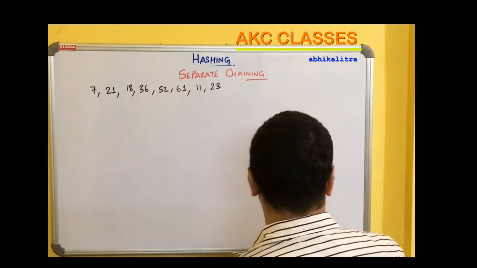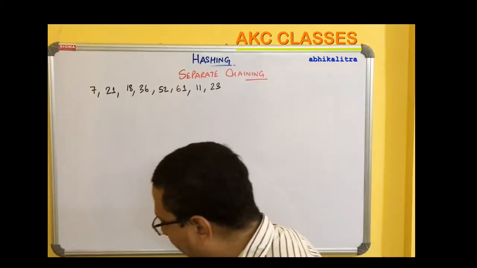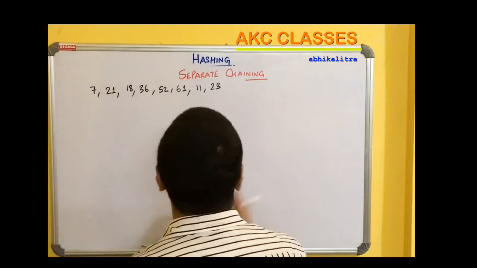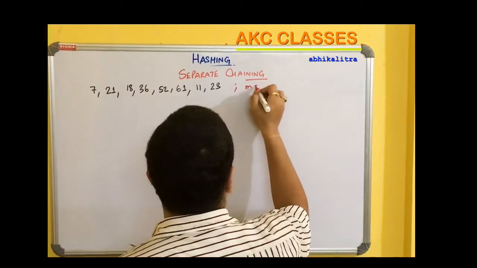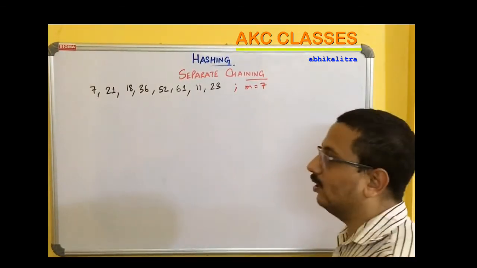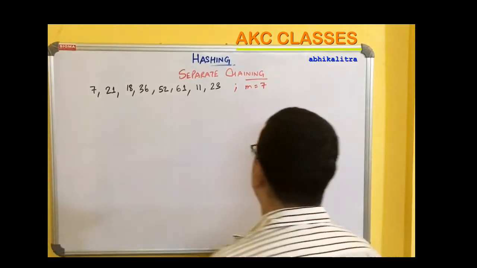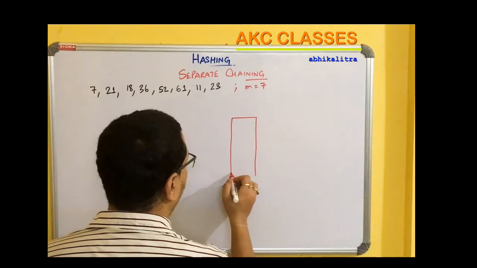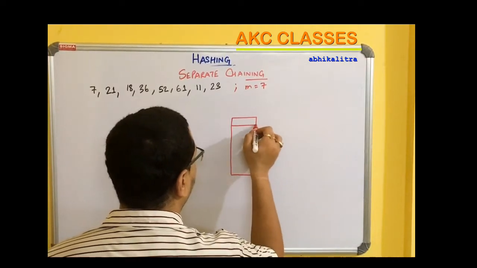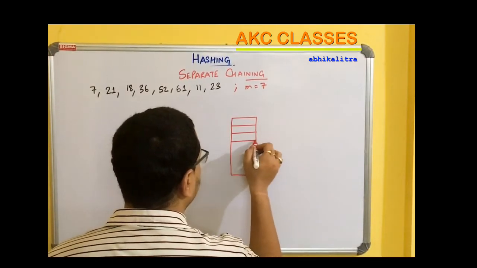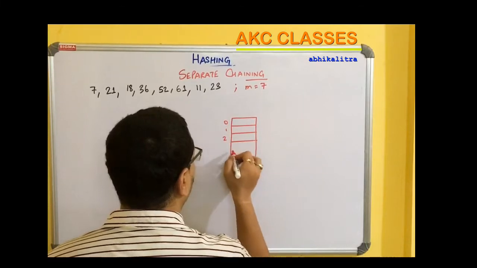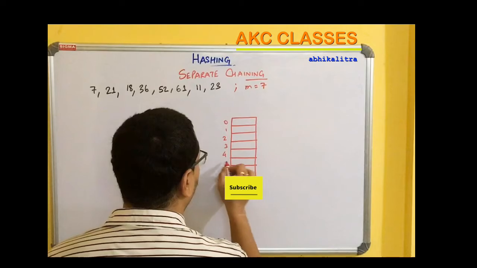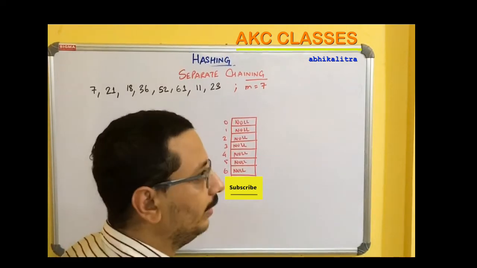The key values are given to you, and we consider that the value of m is 7. So there are a total of 7 different locations. We draw an array with 7 locations: 0, 1, 2, 3, 4, 5, 6, all initialized to null.